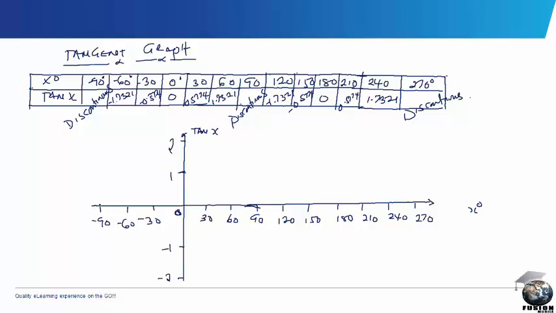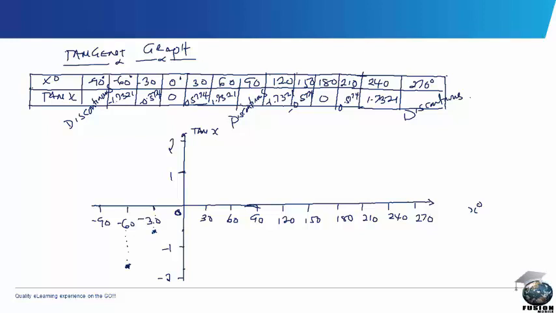So we start to fit the points. At minus 90 it's discontinuous, we can't do anything here, but at minus 60 we have minus 1.73, so I'll take this point as my 1.73. At minus 30 you have minus 0.57, the midpoint of here plus a little movement.